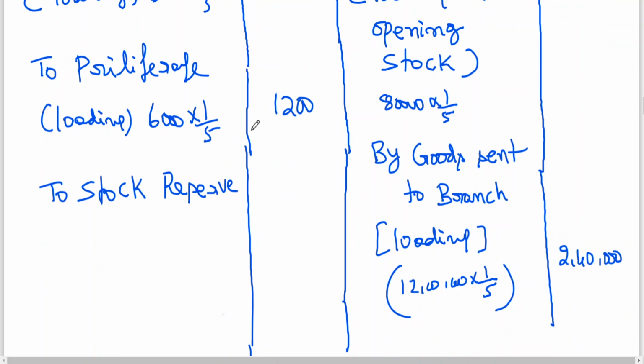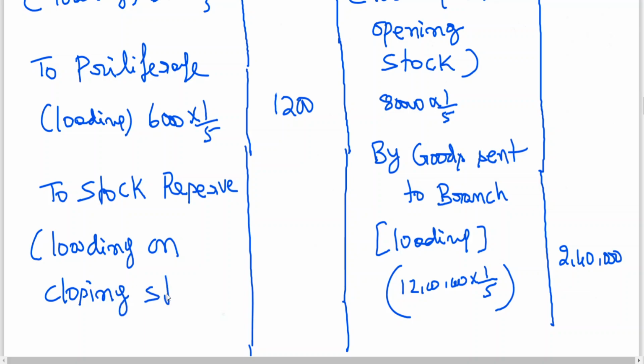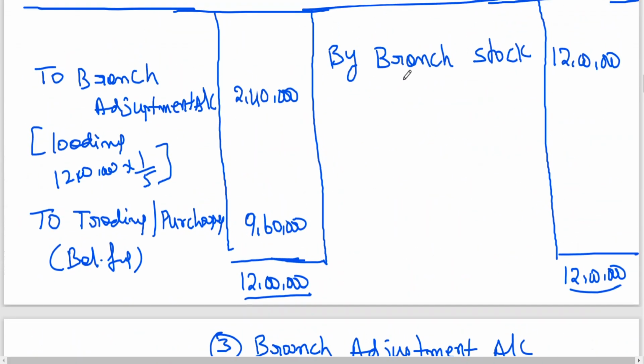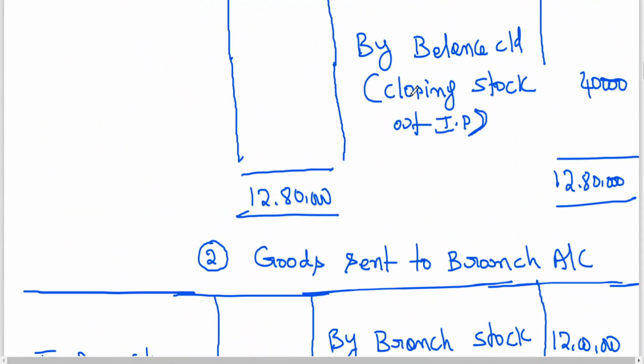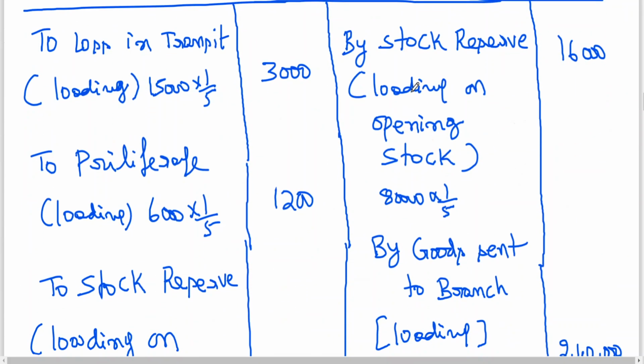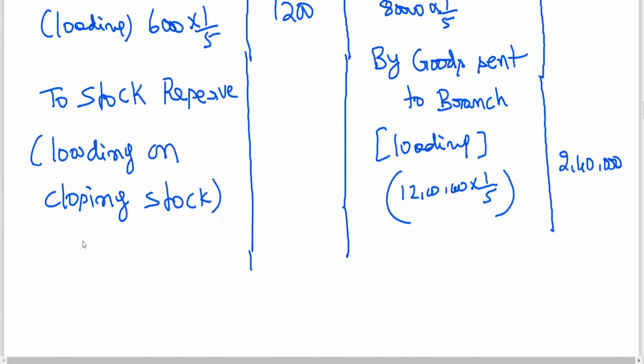Stock reserve: loading on closing stock. What is closing stock given here? 40,000 into 1 by 5 is 8,000.